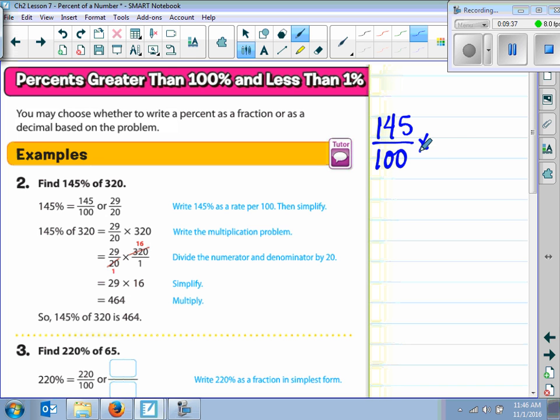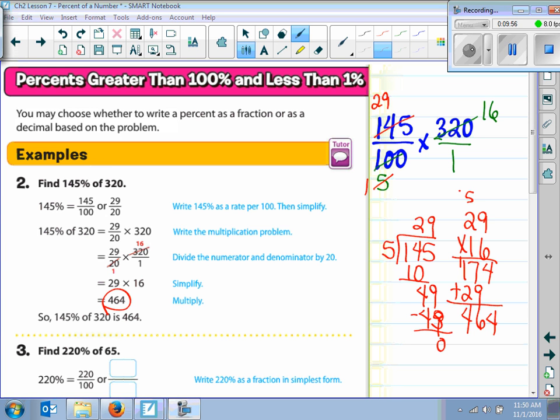So now, before we multiply, we want to simplify, right? And then, of course, if you need to, you can put this over 1. So now we can do some simplifying.